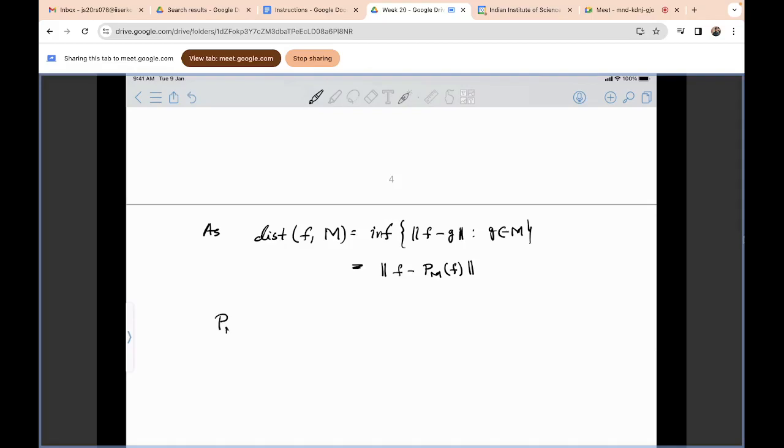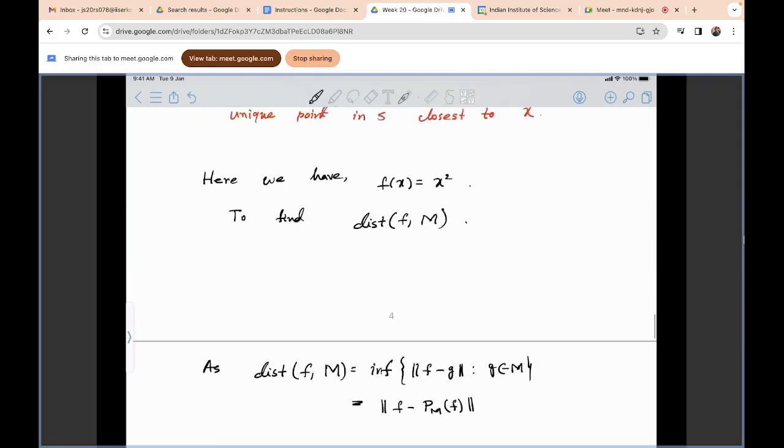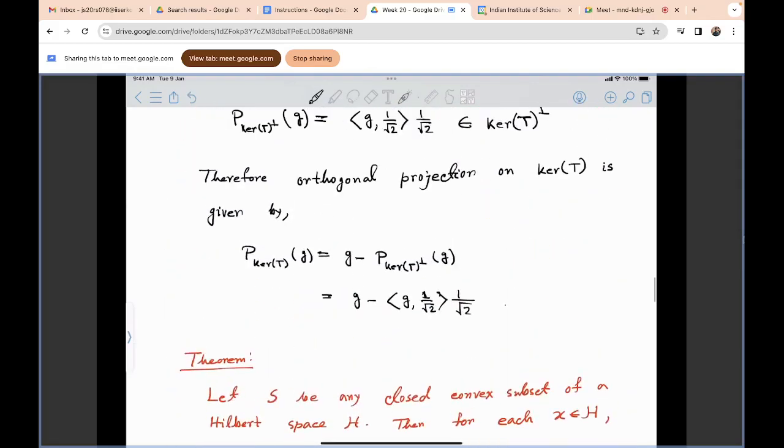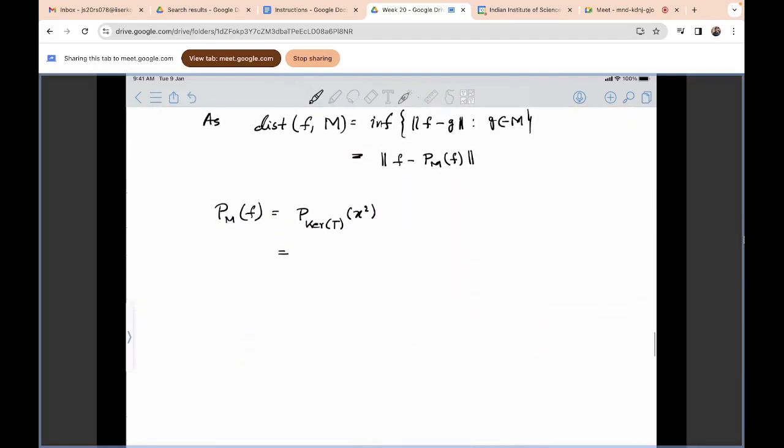So what is the projection of F onto M? It means the projection onto the kernel of T of this x square. The projection of G on kernel of T is given by G minus the inner product of G with 1 by root 2, times 1 by root 2. So this is x square minus the inner product of x square with 1 by root 2, times 1 by root 2.